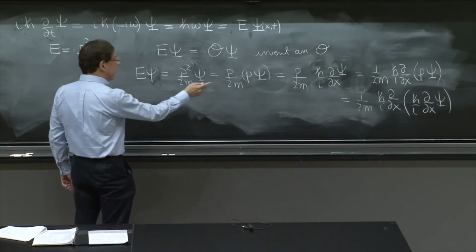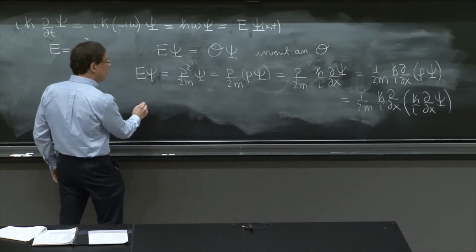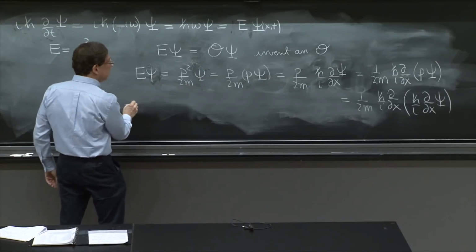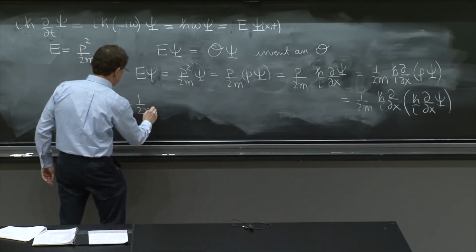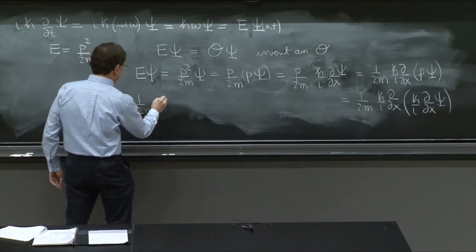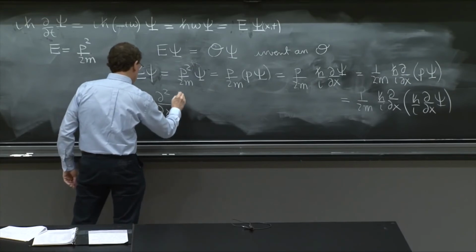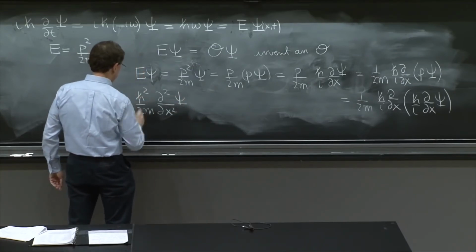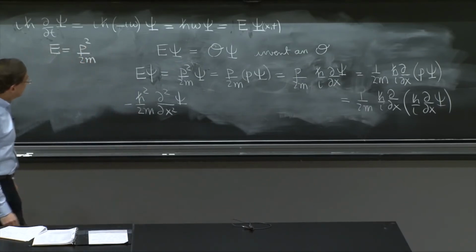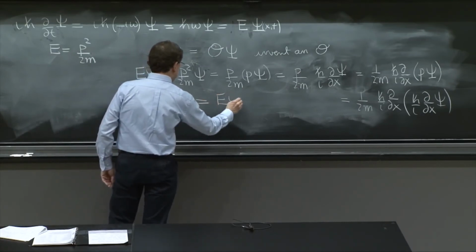So here we go. We have obtained, and let me write the equation in a slightly reverse form, minus, because of the two i's, 1 over 2m. Two partial derivatives is a second order partial derivative on psi: minus h bar squared over 2m d second dx psi, that's the whole right-hand side, is equal to E psi.